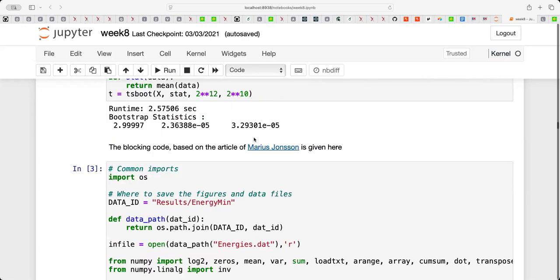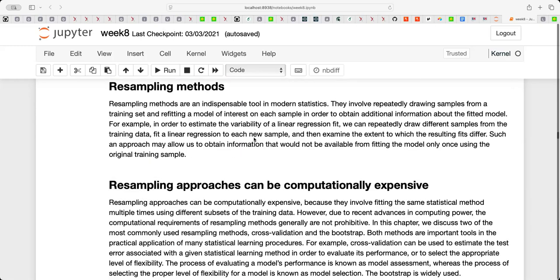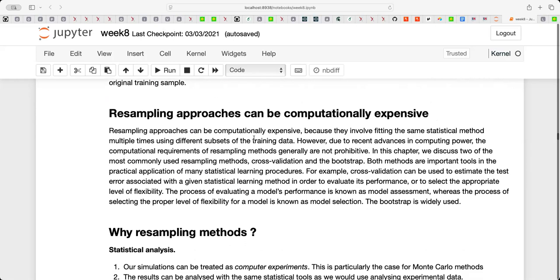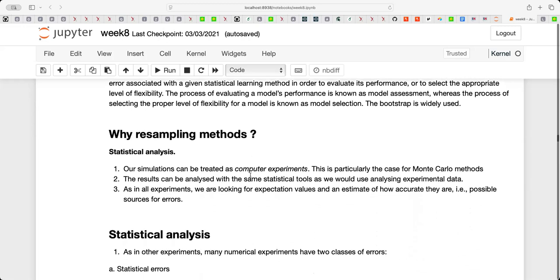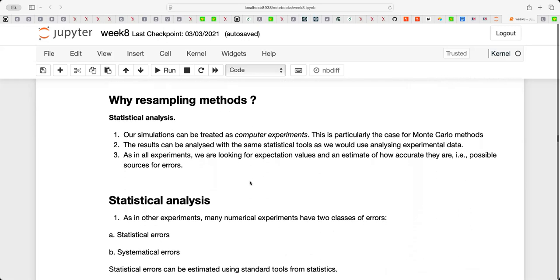Okay, so what I wanted to say a little bit about is these resampling methods. And the thing is that I just wanted to give you a quick understanding of why we do resampling. So your calculations are to be viewed as computational experiments.